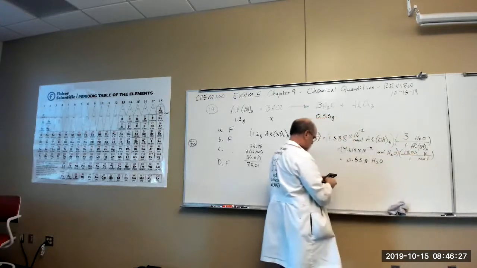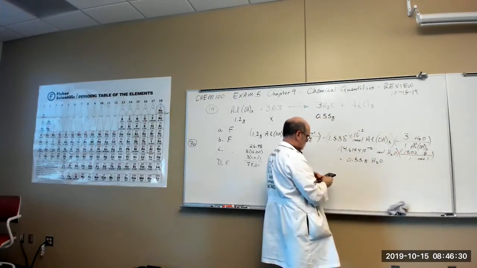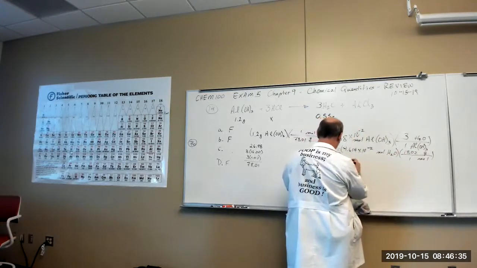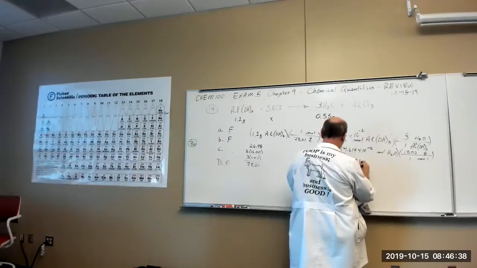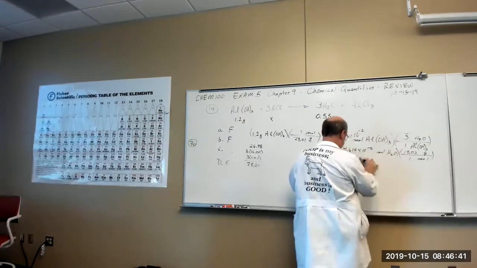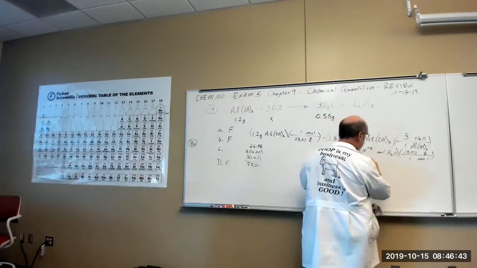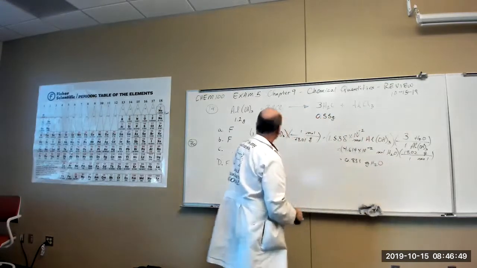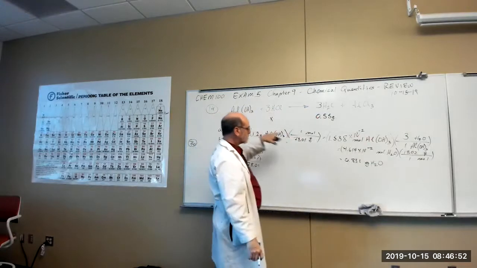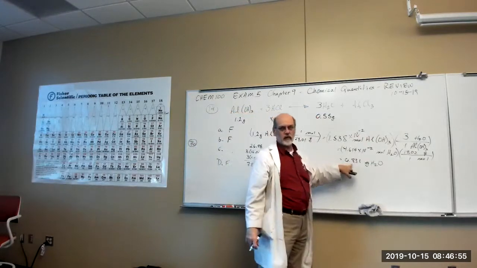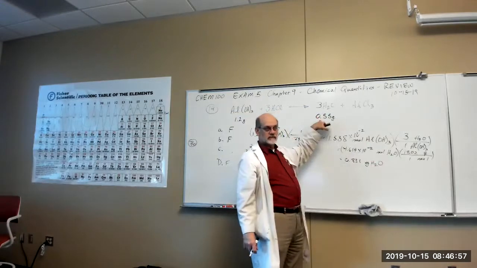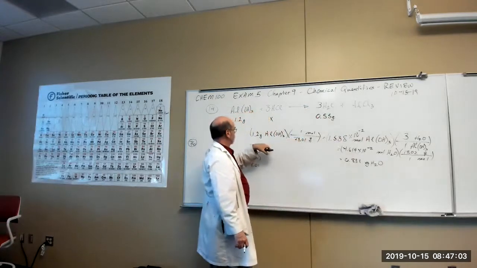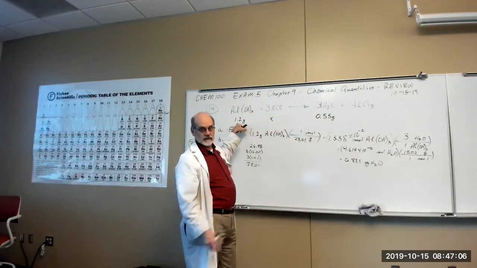18.02, that's correct. And this turns out to be 0.831 grams of water. All right. So if all of this is used up, we should have 0.831 grams of water, but we don't. We only have that much. So what does that mean? That means this is excess, because it would make too much.